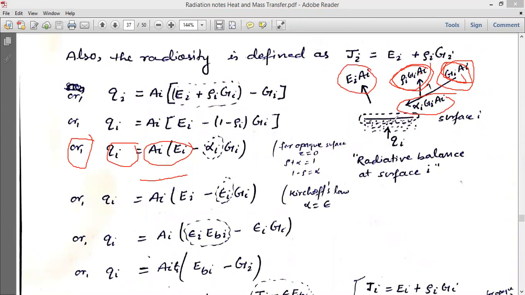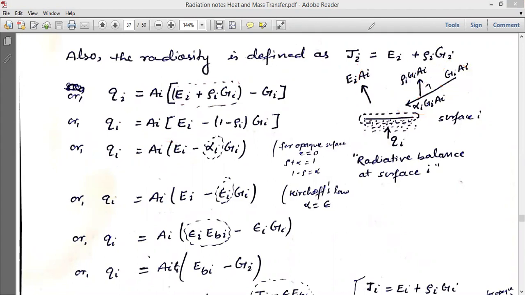So टोटली जो सरफेस से leave हो रहा है वो emission और reflection, दोनों को सम टोटल करेंगे then that will give the radiosity. That is the definition of radiosity we have learned.